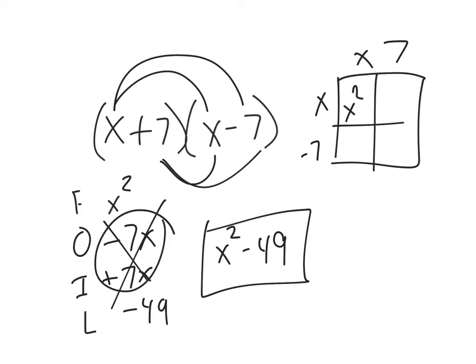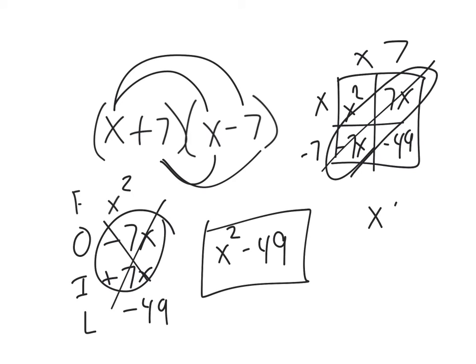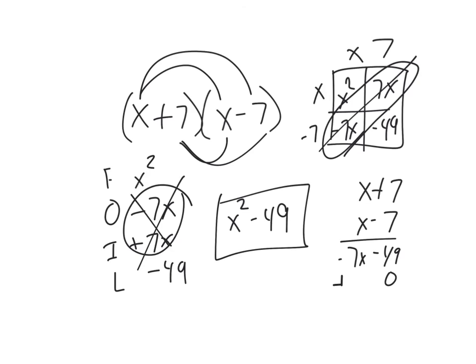You got x squared, 7x here, negative 7x, and negative 49, and guess what? Those two like terms you realize are going to cancel. And you'd have the same thing if you did it this way. You get negative 49, negative 7x, 0. Then you get a positive 7x and an x squared. And again, those would cancel out.